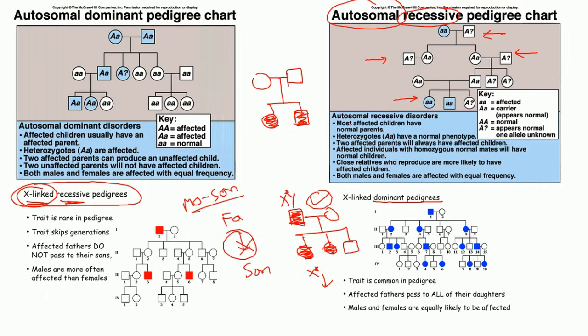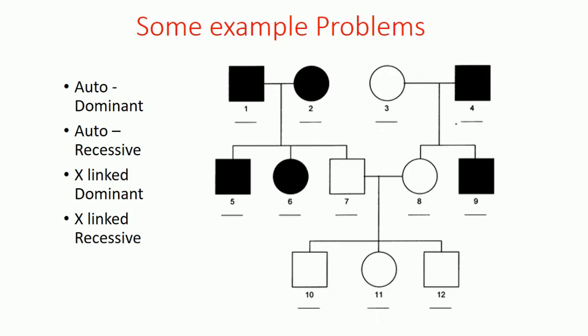But again, all these methods are not always foolproof, because if you see a pedigree for a small area, it can be explained by one or multiple types of traits. Multiple inheritance patterns can fit to explain that pedigree as well.